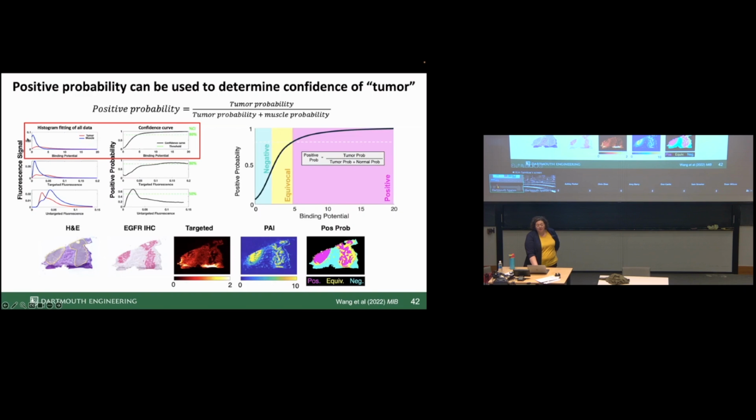Positive probability, though, uses a histogram-based analysis where we take all of the pixels at a certain value and sum them up and say how many of those are tumor and how many are normal tissue. And it turns out with paired agent imaging that a signal of 5, a binding potential of 5 in this case, is able to accurately diagnose 80% of the tumor that is present, or predict tumor with 80% positive probability.